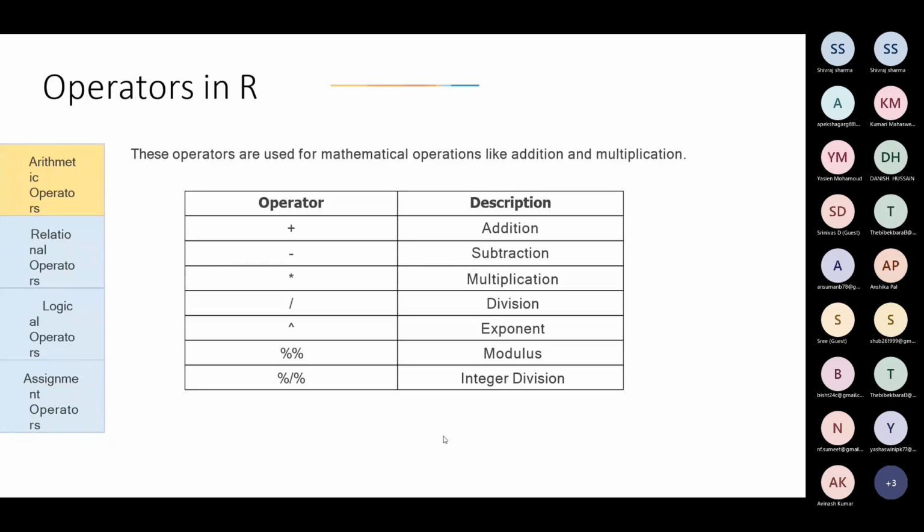So very first is your arithmetic operators. You are all aware about these operators, because in SQL also we saw these operators, so no need to go into further details with these operators. Just see what type of operators these are.